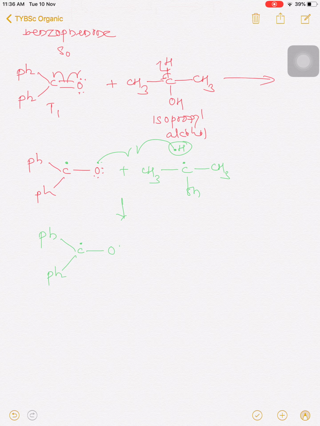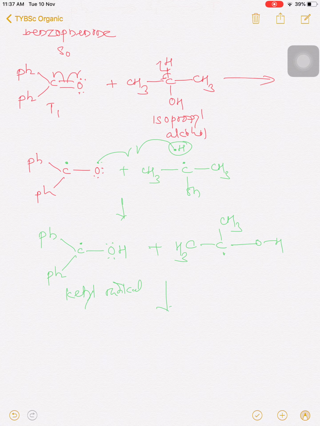Now this oxygen bonds with the hydrogen and has 2 lone pairs of electrons. This is ketyl radical 1, formed along with the isopropyl alcohol radical.